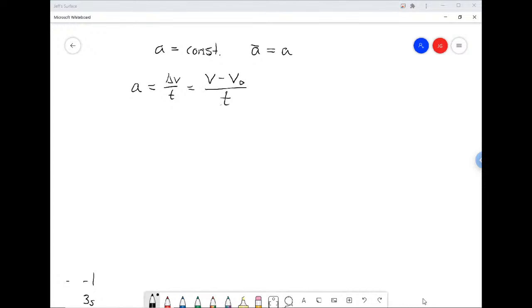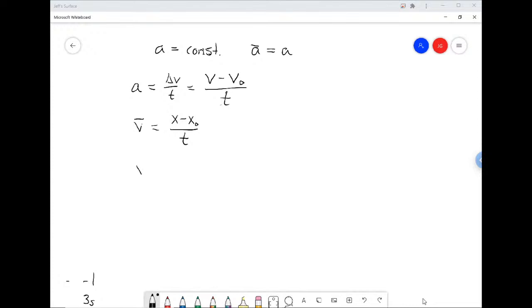Then the other pieces that we have, these other first principles, are this idea that average velocity equals change in x, delta x over t. And then let me write down one more thing.